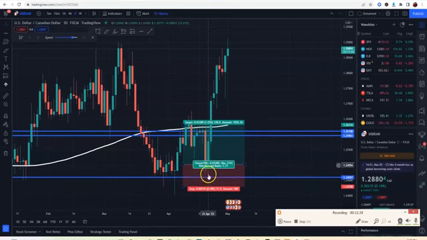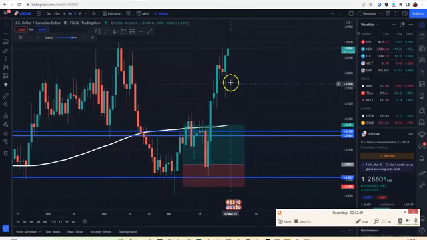Rejection, drop back down, bounced off again, shot right back up. Got another strong rejection here, letting you know the market was going to continue up. Again, I told you about those rejection candles. Rejected, could have bought low, or you could have even bought right in here, closed, got some more money out of the whole situation.